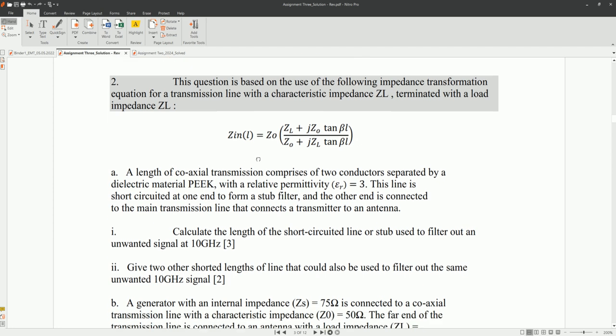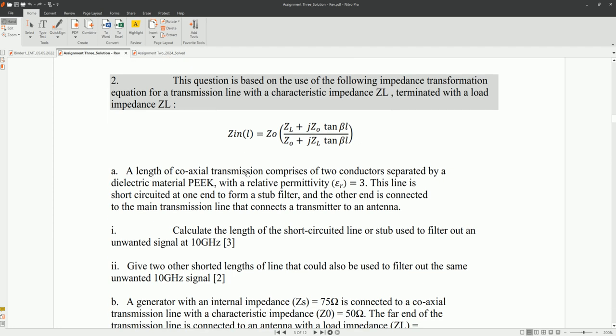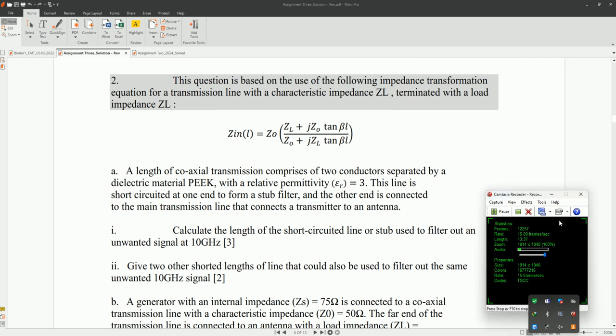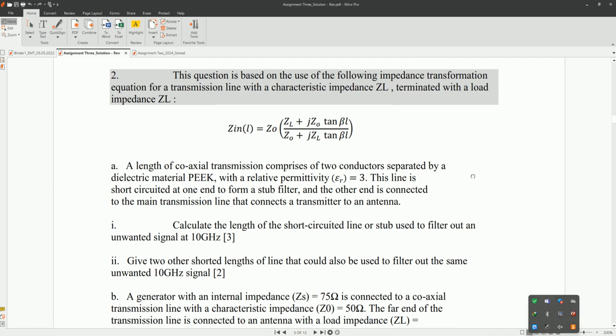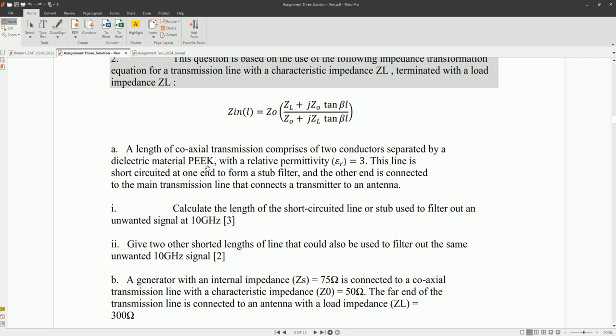So the question is: a length of coaxial transmission line comprises two conductors separated by a dielectric with relative permittivity. This line is short circuited at one end to form a stub filter, and the other end is connected to the main transmission line of the antenna transmitter.